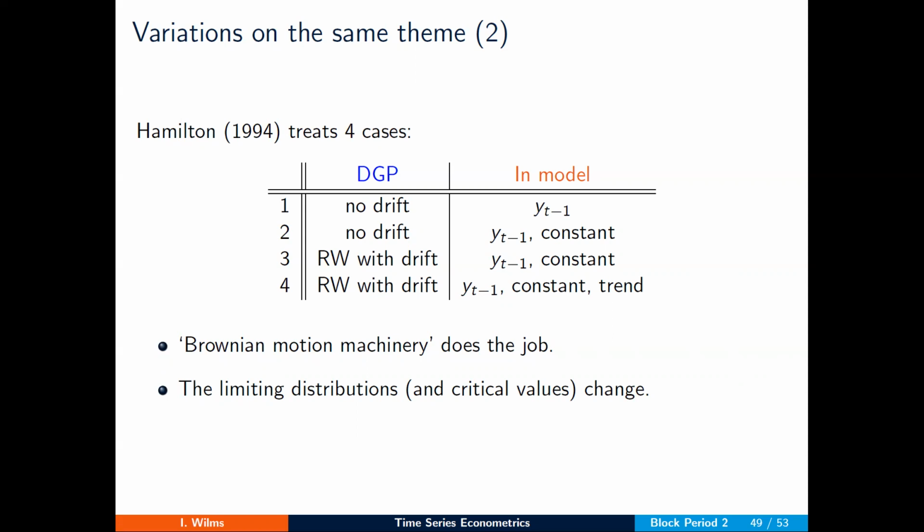And to that end, we develop numerator and denominator separately, where the Brownian motion machinery, together with the functional central limit theorem and the continuous mapping theorem, will do the job, as we will always rewrite numerator and denominator in terms of scaled partial sum processes to determine the appropriate scalings.